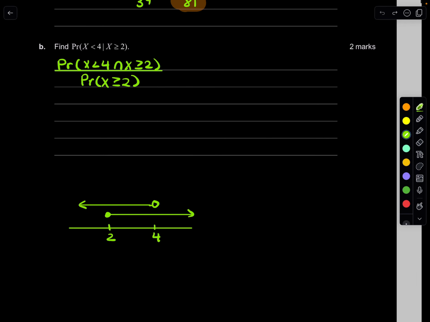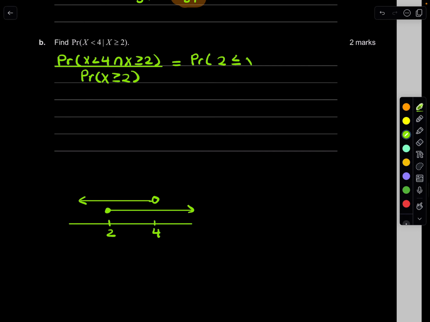So it simplifies to the probability that x is greater or equal to 2, because of that closed circle, and x less than 4, where 4 is not included. All being divided by the probability that x is greater or equal to 2. Done.